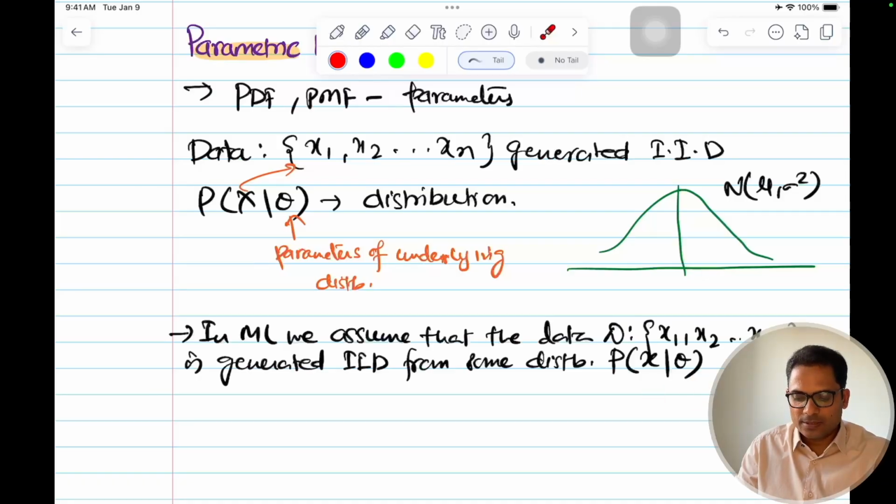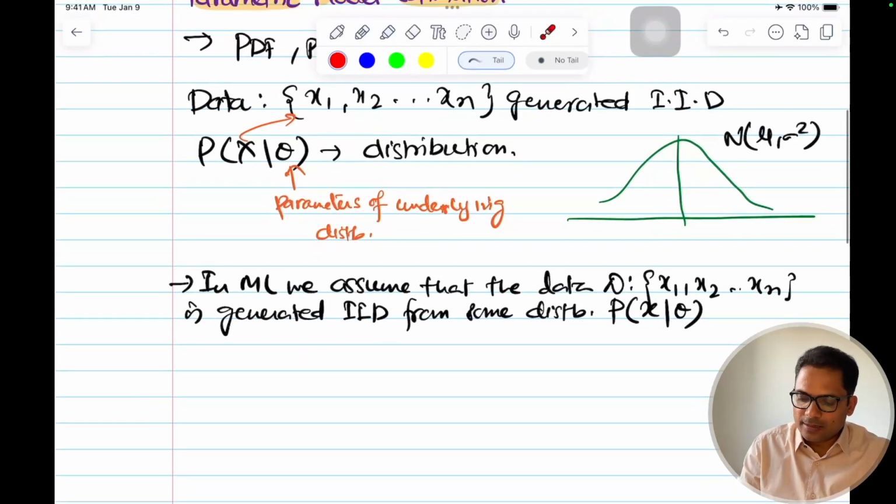This is the probability of observing this data under this distribution. Theta are the parameters of the model.